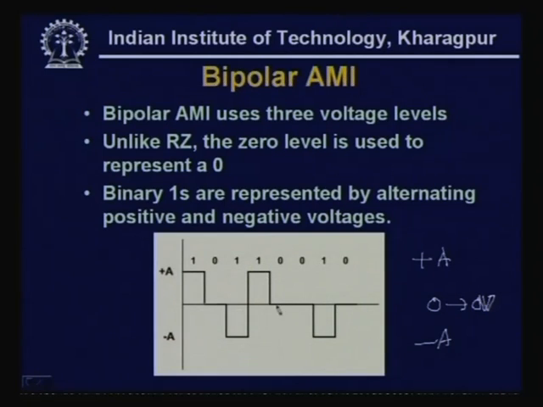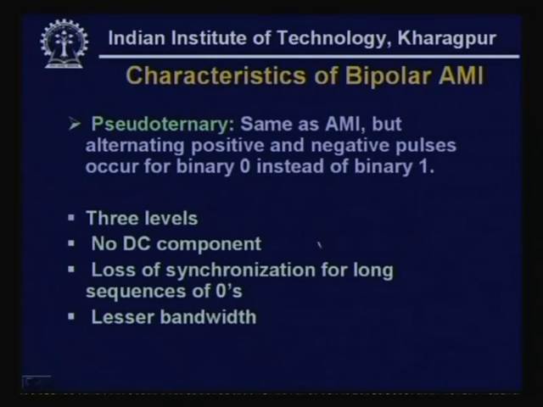However, if there is a long sequence of zeros, then obviously there will be no transition. So, this will again lead to loss of synchronization, as we shall see. Here there is no DC component because it uses positive and negative. However, loss of synchronization occurs for long sequences of zeros, and as a consequence it gives you lesser bandwidth.